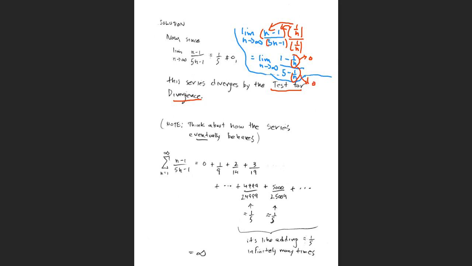And so when you take the limit, you'll get a fifth. That's being very formal on computing the limit. But intuitively, you know that the terms of the series approach a fifth. And since a fifth is not equal to 0, the series diverges by the test for divergence.